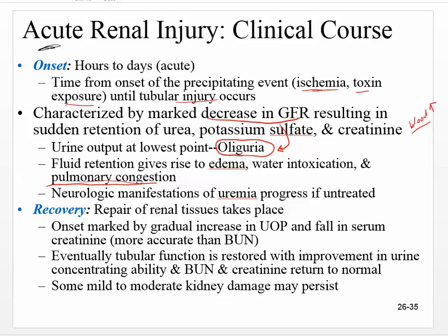Okay, so repair of renal tissues takes place. Onset marked by gradual increase in the urine osmotic potential. So remember, there are particles within the urine that affect how water and salts move out.